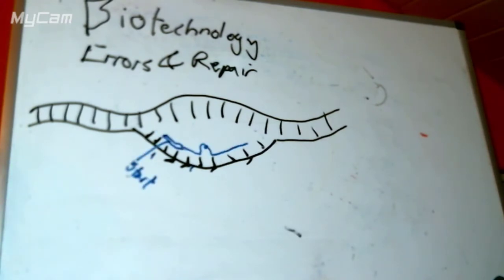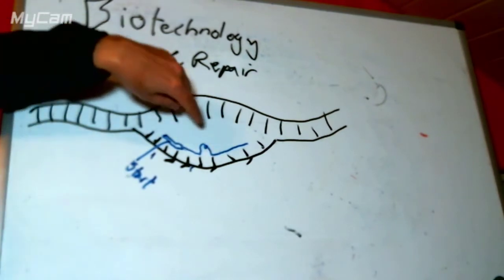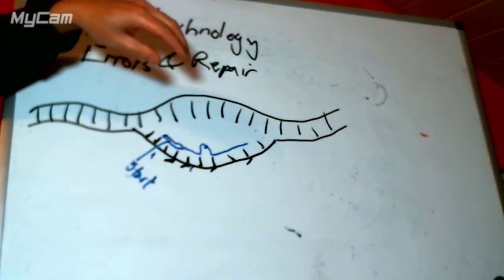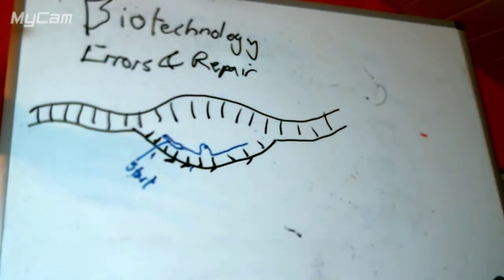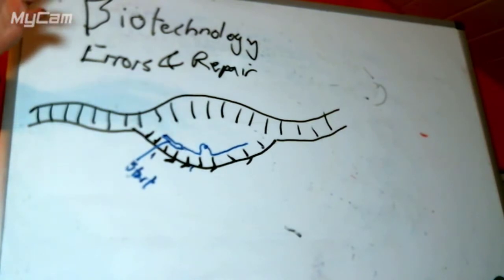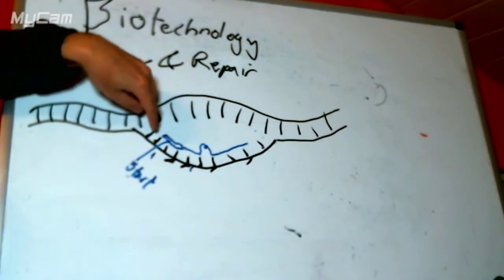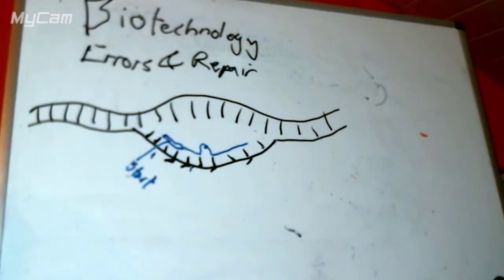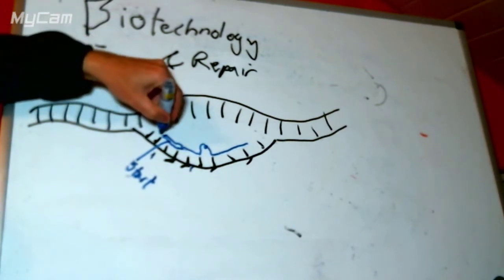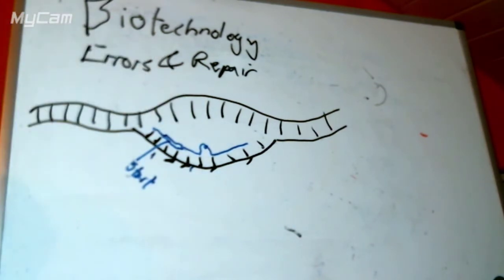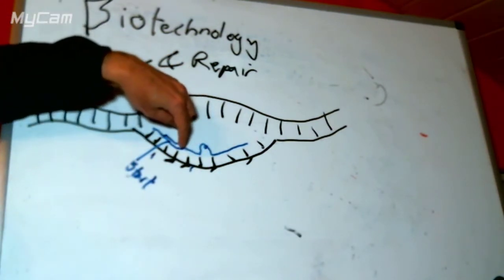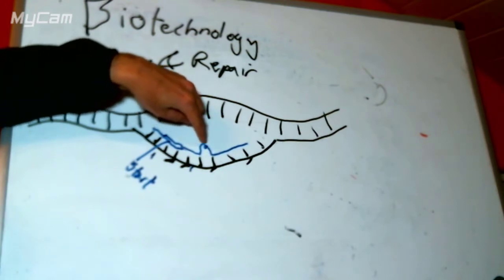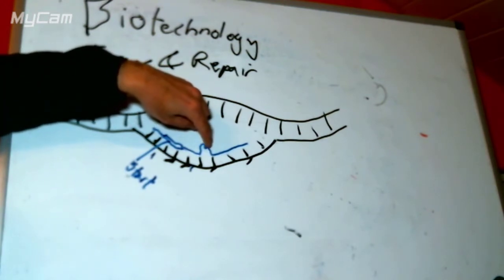There are several other types of mutation that we could have. We could have an added base or a deleted base, so we don't just have to change one base. We could change the number. That is more significant depending on where it is. So if we have, for example, the start codon of our RNA, we're making some RNA here, and this RNA has an extra base here, the first amino acid will be correct, but the second amino acid will be shifted by one.